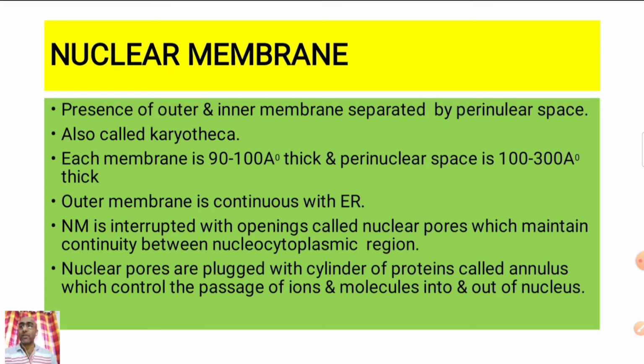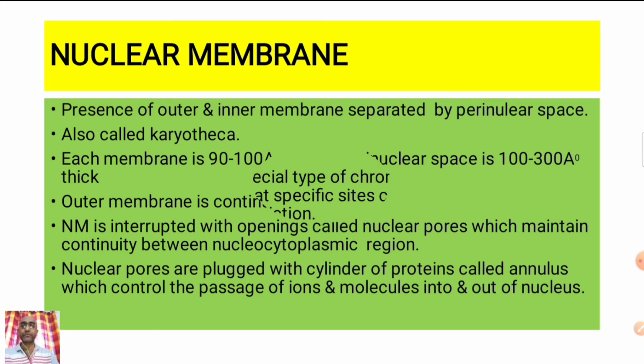The nuclear membrane gets interrupted with small openings, those are called your nuclear pores. These nuclear pores remain plugged with cylindrical proteins called annulus, which control the passage of molecules or ions between the nucleus and the cytoplasm. Got it?